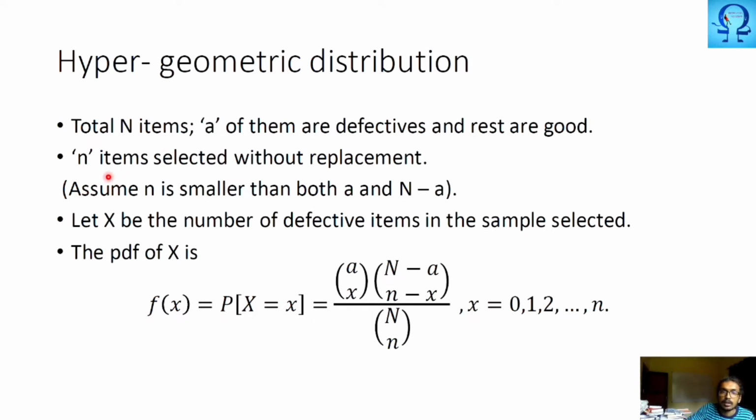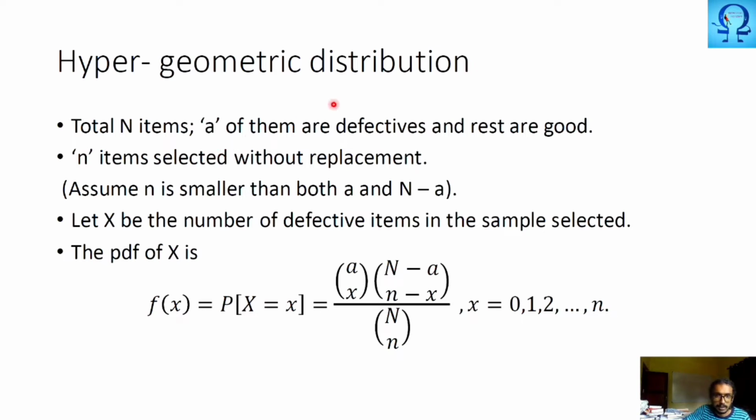Here you remember that you are picking something without replacement, which means once you pick something, the same thing you will not get in the next turn. So here there are a total of n items, out of which we consider a of them are defectives and the rest are good. You may consider it in a way that you are going to consider only the a items which are good to you.